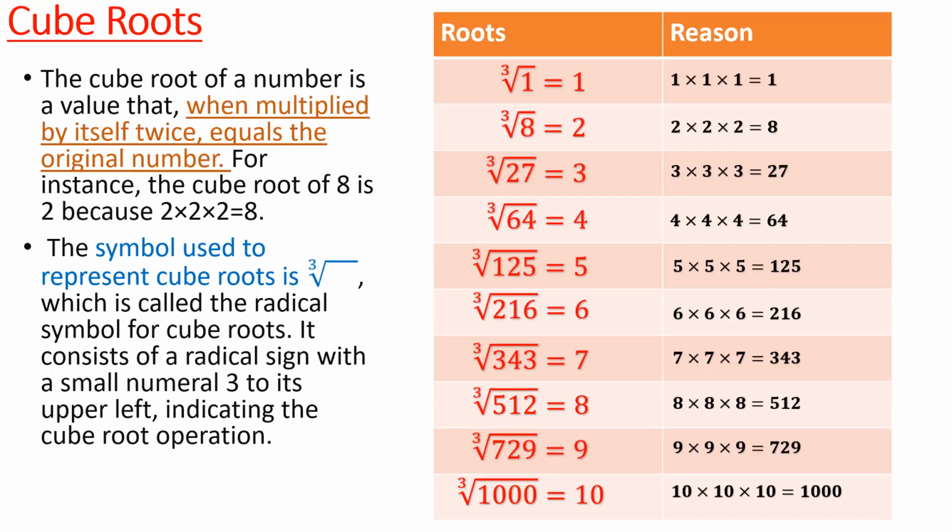The cube root of a number is a value that, when multiplied by itself twice, equals the original number. For instance, the cube root of 8 is 2 because 2 times 2 times 2 equals 8. Very good. The symbol used to represent cube root is called the radical symbol for cube roots.